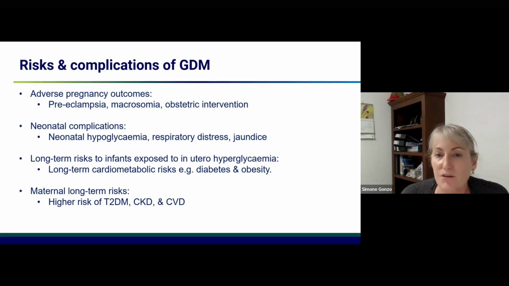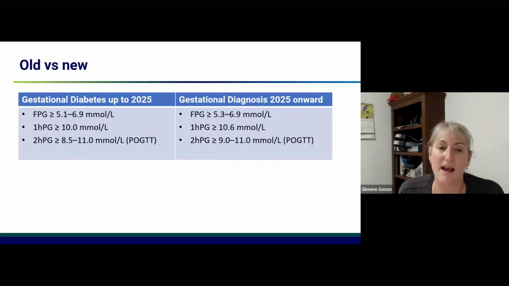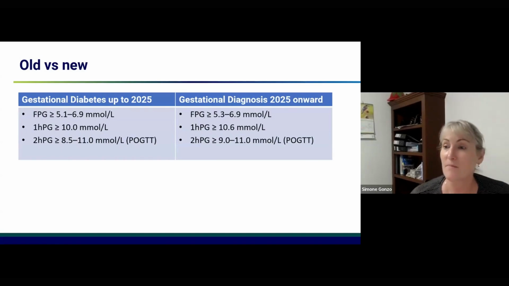So getting to the actual numbers so that we can see what we're dealing with here. We can see the old is on the left side there, up to 2025, and on the right side of that table we've got, going forward, our new diagnostic numbers. It really is a very small change, a 0.2 increase.